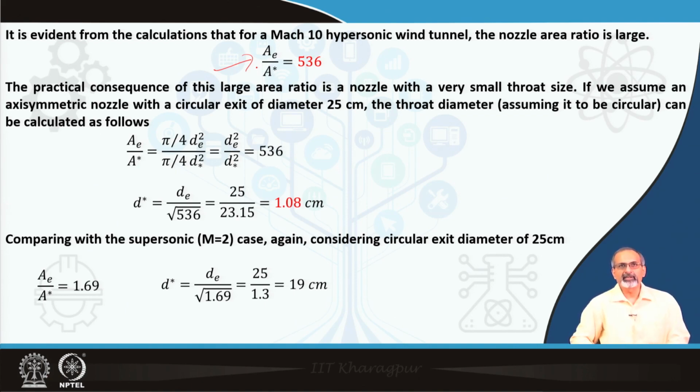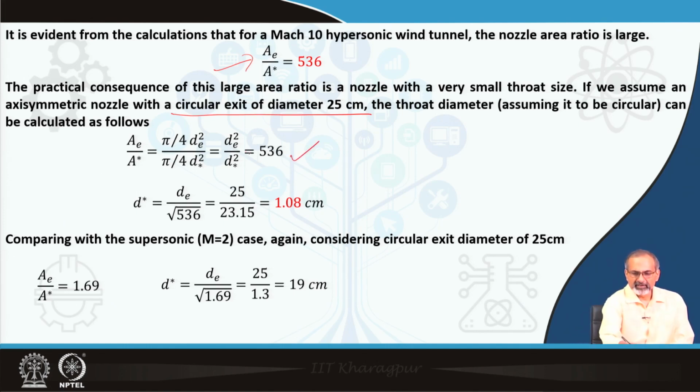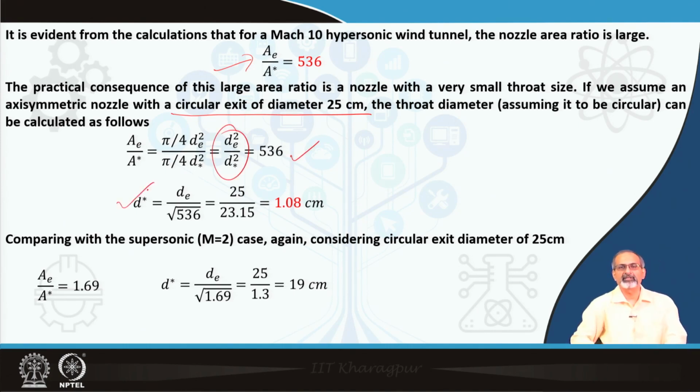For doing that, of course, we need to imagine that there is some dimension at the exit, and we will consider a circular exit of diameter 25 centimeter, and then if we assume the throat also to be circular, then from this area ratio we can show that it is nothing but the ratio of square of the diameters, and from which you can work out the d star, which turns out to be 1.08 centimeters.